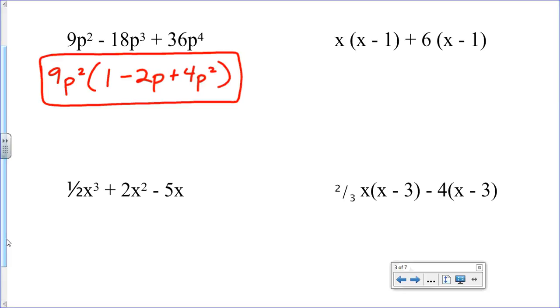Okay, what's your common factor between 1/2, 2, and negative 5? 1. So there's not really anything that goes into all three. But my common factor on my variables is just an x.